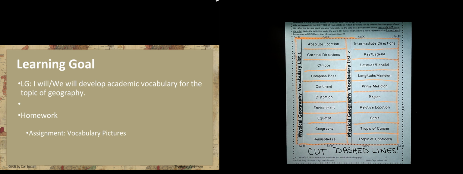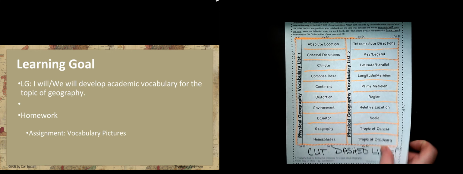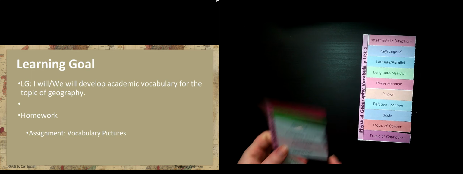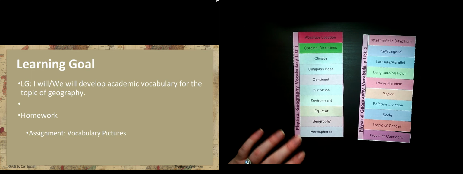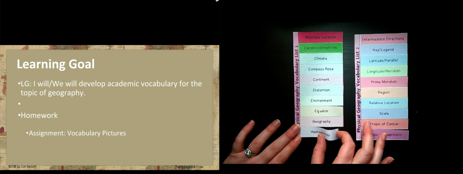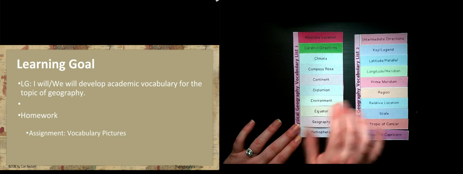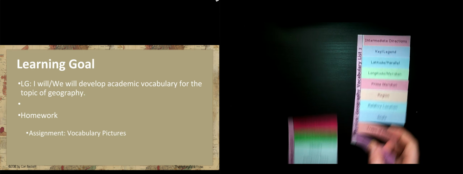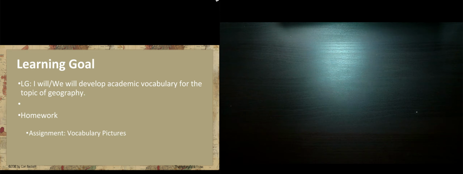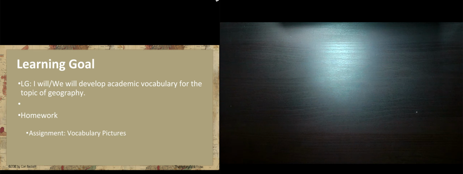So then by the end of it, yours should look something like this. You've got two separate things. They're colored, and you've cut each individual flap so that they flip up. Again, if you need to pause this video, pause this video. There's a reason it's a video and we're not doing this live, so that you guys will know how to do this at home.